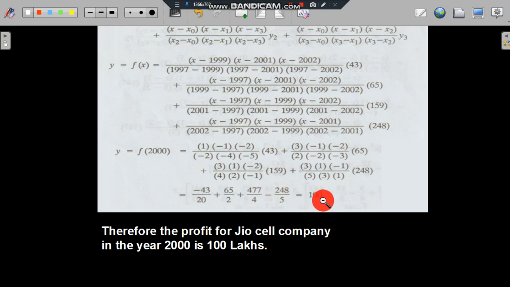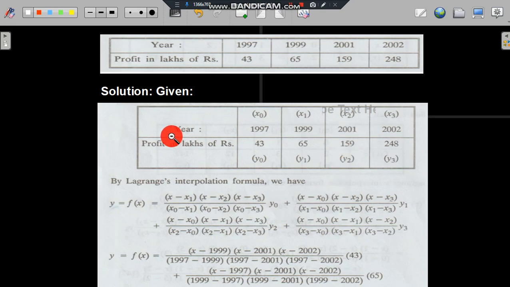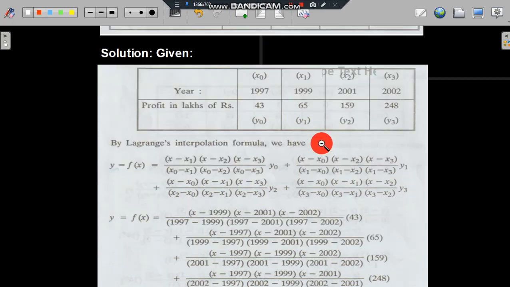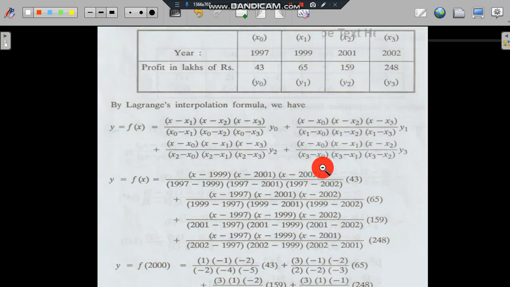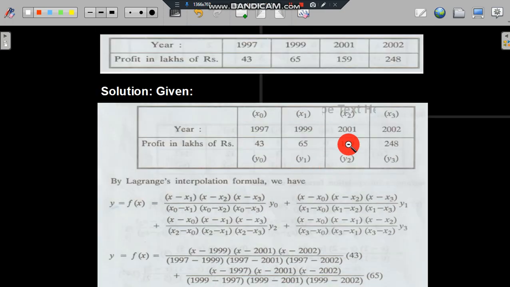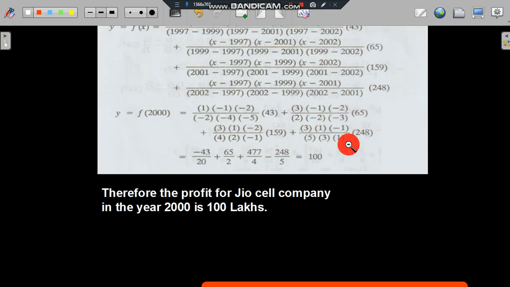So when x is 2000, the corresponding profit would be 100 lakhs. That's what we are finding out. Therefore the profit for GeoCell company in the year 2000 is 100 lakhs.